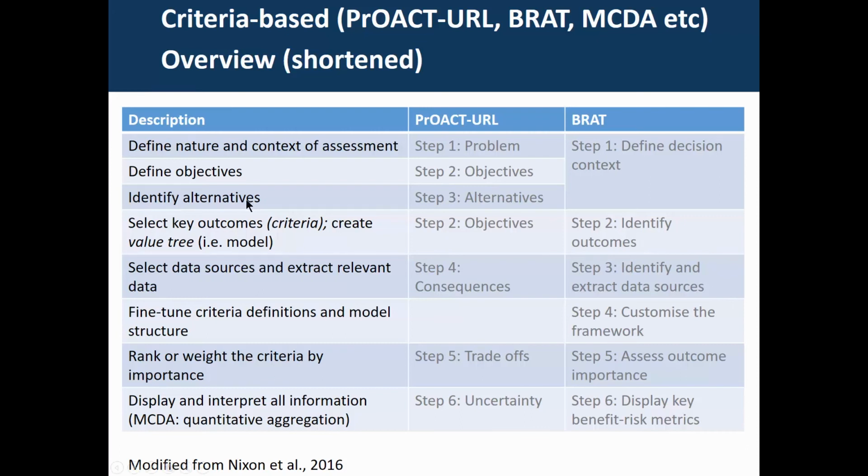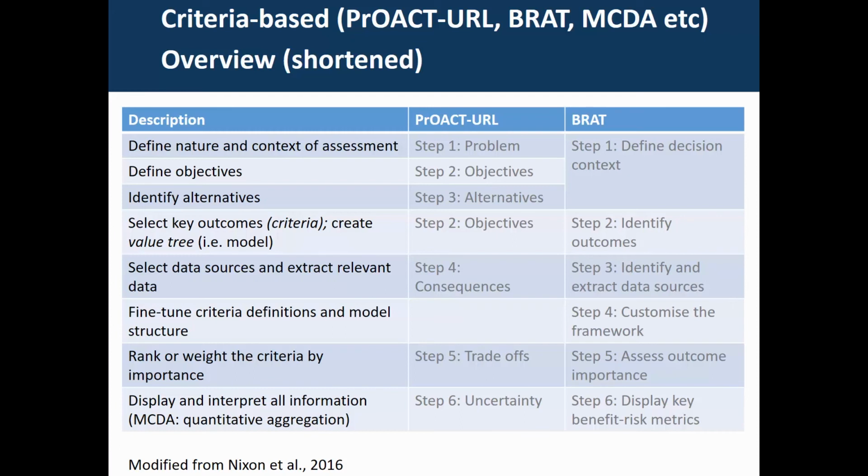Then the third step is to identify alternatives, and that's simply to answer the question which options are available in this decision. Then we have the step of selecting key outcomes, which are here called criteria, and then to create a value tree, which is basically your model that you're using. And I should mention here that the criteria correspond effectively to what I have so far called effects.